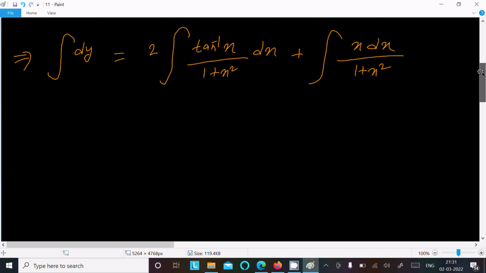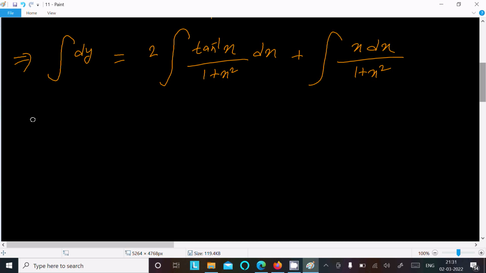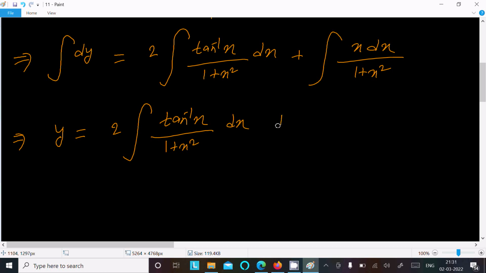Now the next step: if I do the integration of dy, that is equal to y, and here one more line, tan inverse x over (1 plus x squared) dx, and x dx over (1 plus x squared).